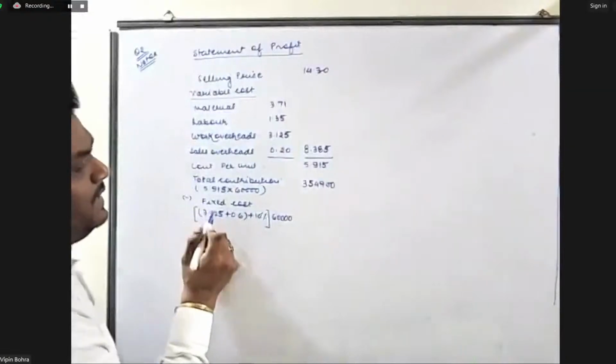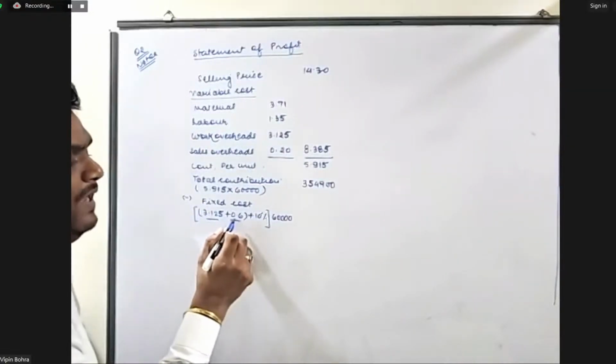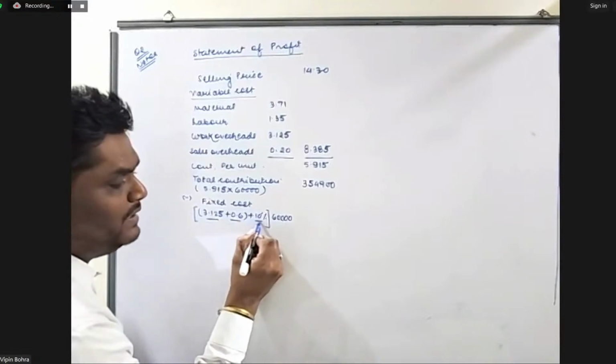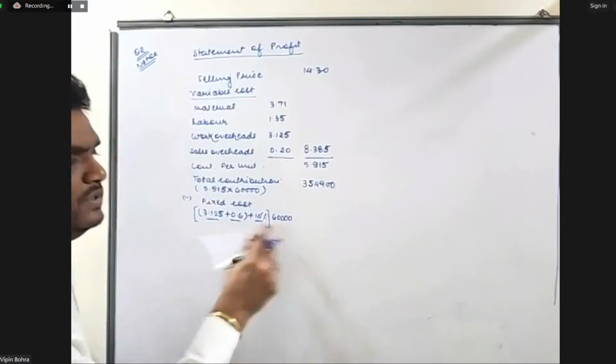See, these are my work overheads. These are my sales overhead. We have to increase this cost by 10%. So plus we will add 10% into 60,000. That is my normal capacity.